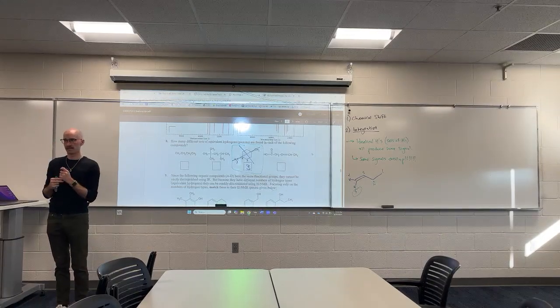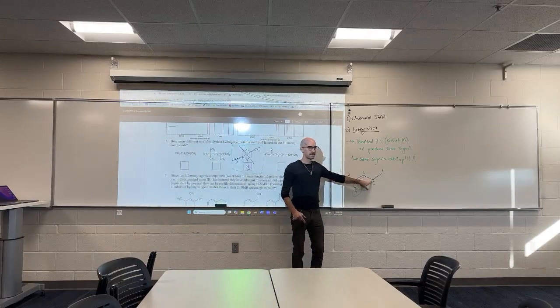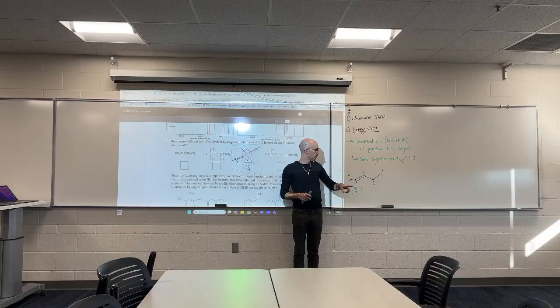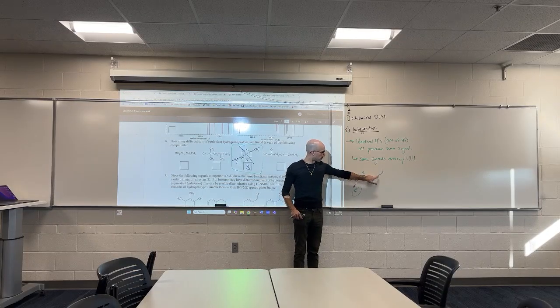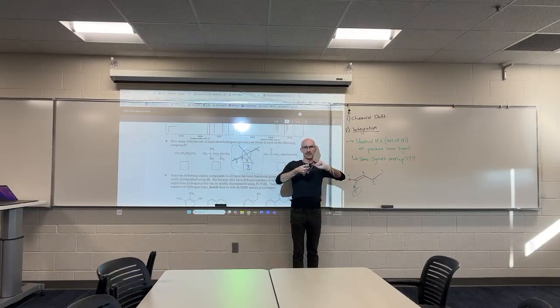Another way of putting this, the CH2 here has rotational freedom. It can rotate around this sigma bond, and it can rotate around this sigma bond. But you cannot rotate around a pi bond. It breaks a pi bond.